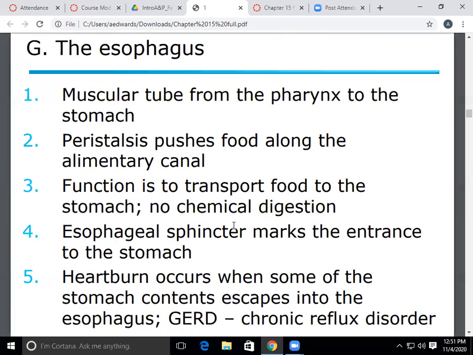Okay. Now, anybody ever get heartburn? Heartburn is basically when contents of your stomach get into your esophagus. So that sphincter may be open a little bit, and fluid and food maybe backs up into the esophagus. And again, what's going to be in that food that's in your stomach? Acid.